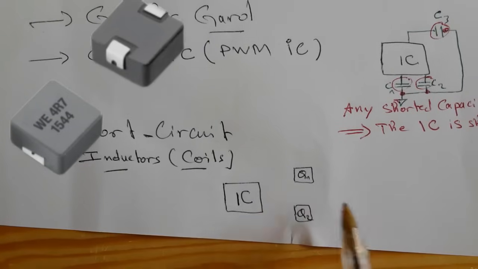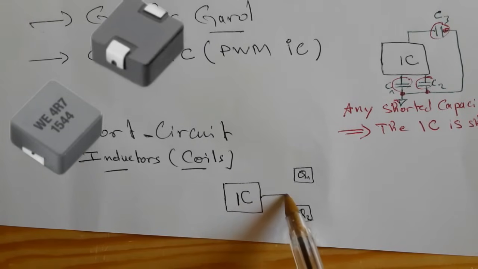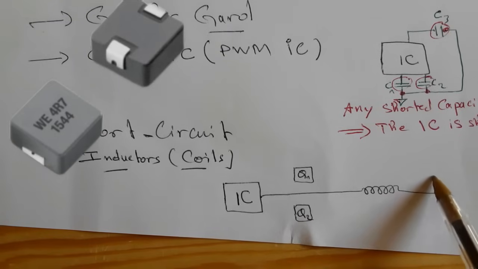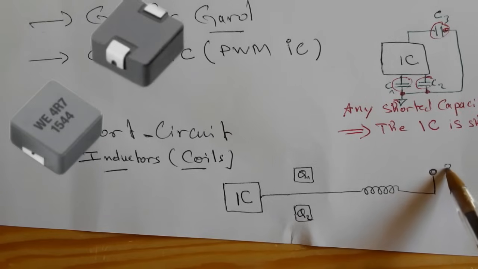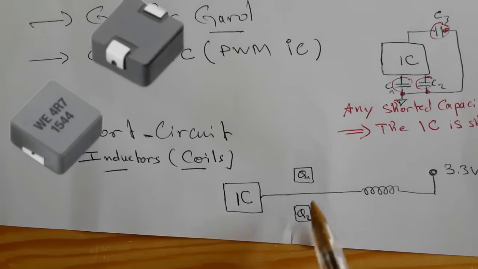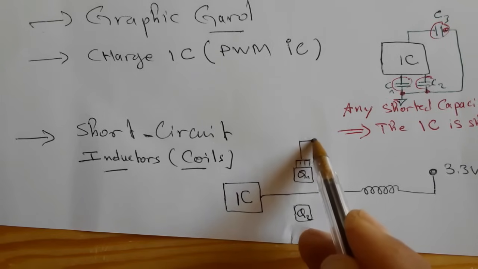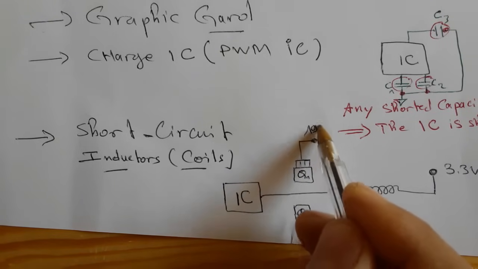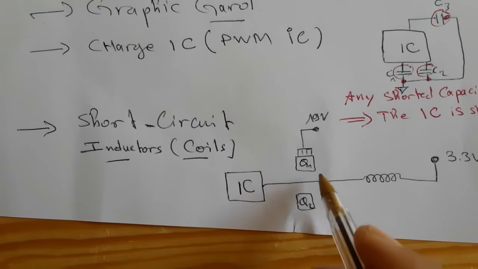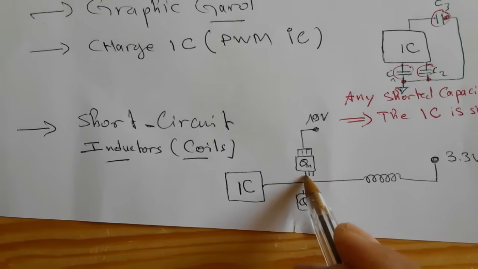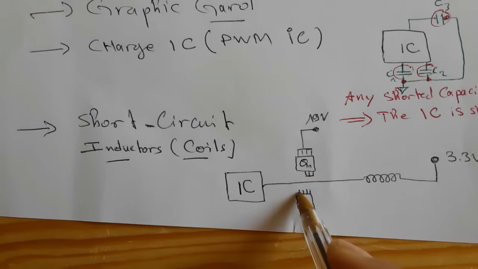Let's assume that we have here an IC, a power management IC, and we have a coil here and two MOSFETs, Q1 and Q2. This power management IC will generate 3.3 volts. The first MOSFET will be connected to the power rail of 19 volts, so the drain of the first MOSFET is connected to 19 volts, and its source should be connected to the drain of the second MOSFET.